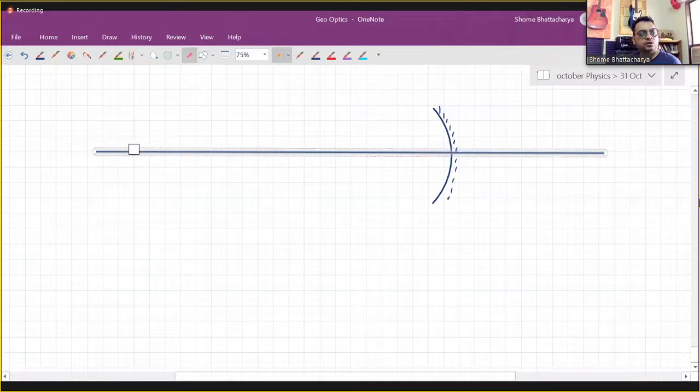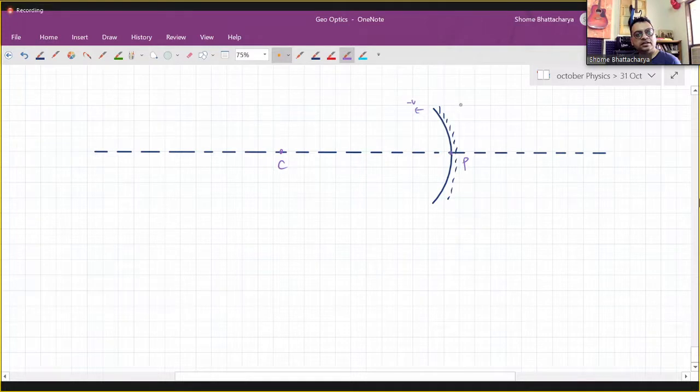So we have to keep the object also to the left of the pole. Now the center of curvature is, let's say, over here. The pole is here. Anything on this side is negative, anything on this side is positive.